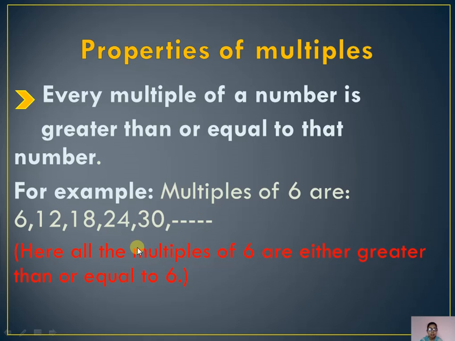Here, all the multiples of 6 are either greater than or equal to 6. As you can see, 6 is equal to 6, and 12, 18, 24 and 30 are greater than 6. So there is no number which is less than 6.